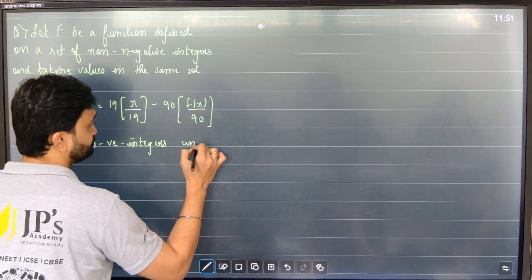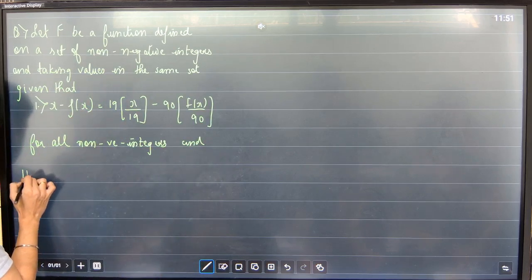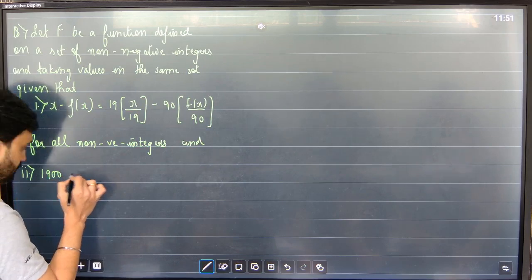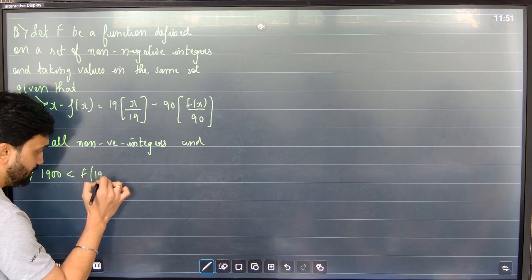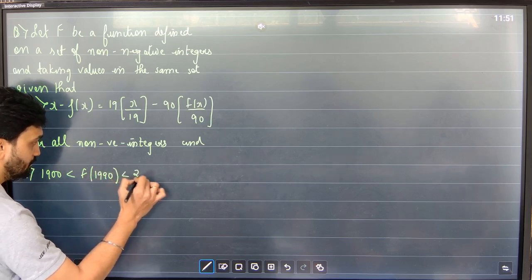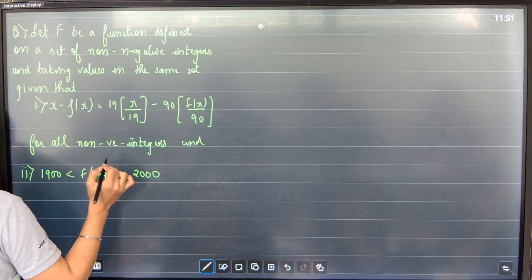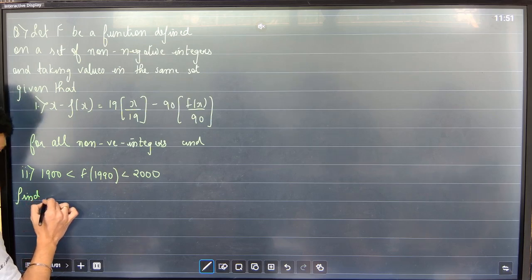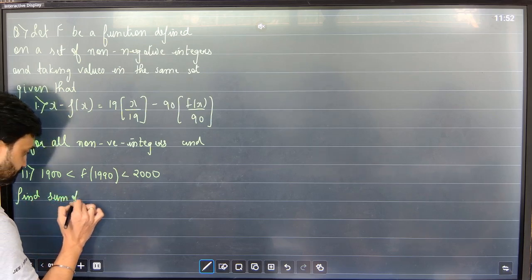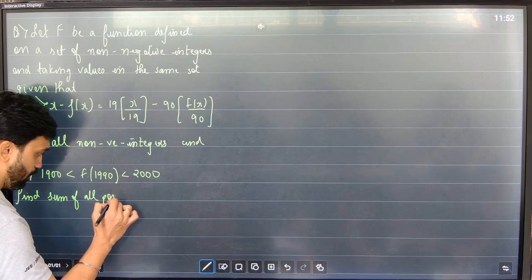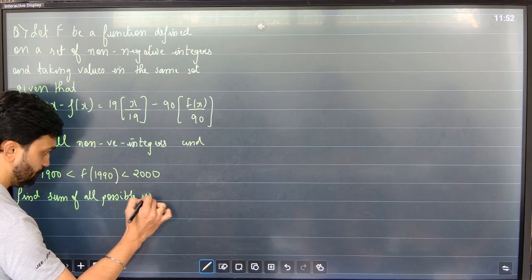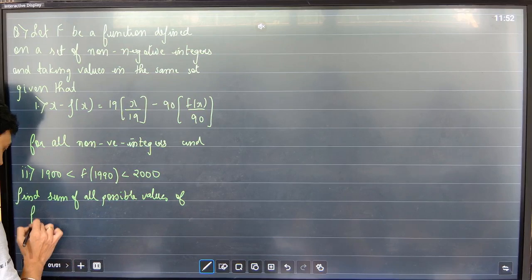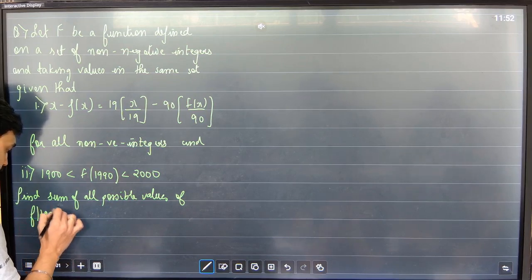And the second part is given as 1900 less than f of 1990 less than 2000. Find the sum of all possible values of f of 1990.